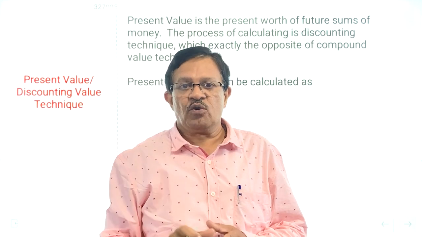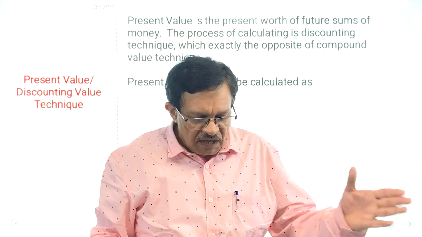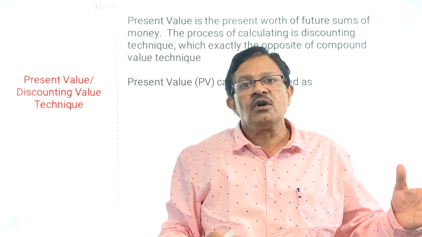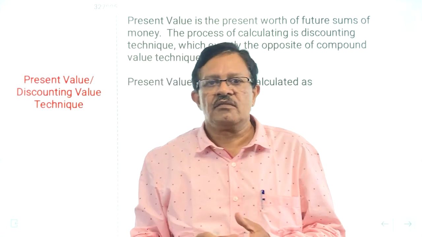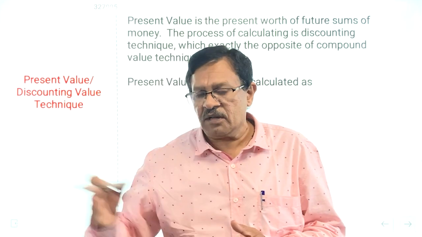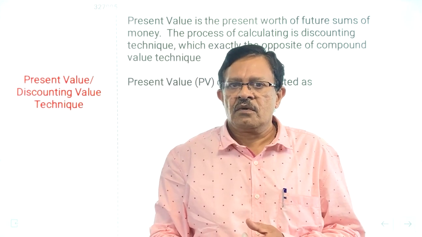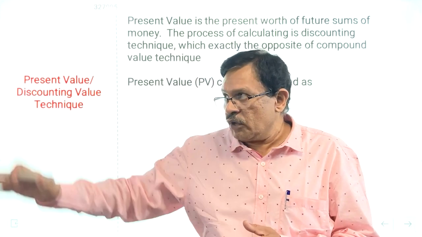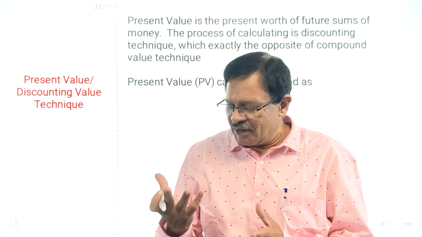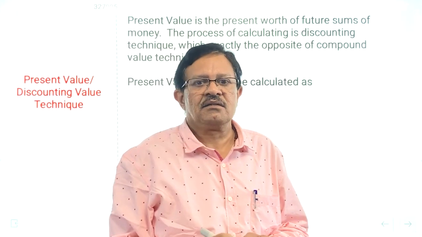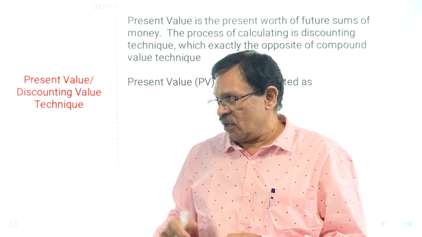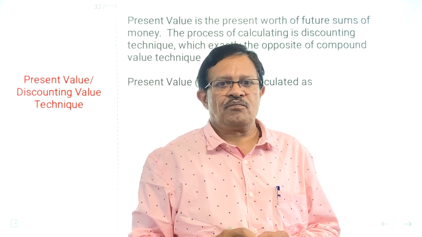Those cash inflows cannot be compared with the cash outflows which you are going to have now, because there is a time value of money. So we need to find out the present worth of that money which you are going to receive at a later date.